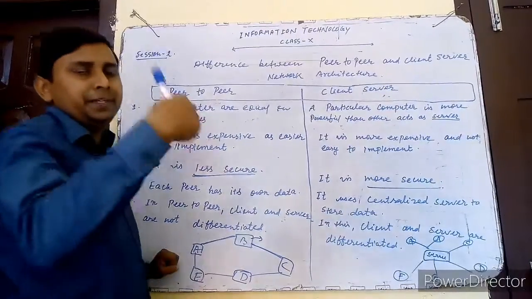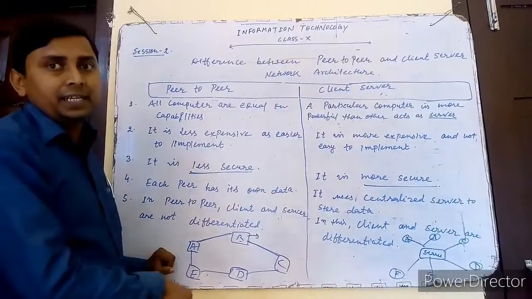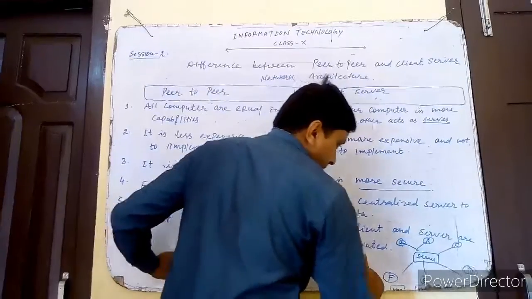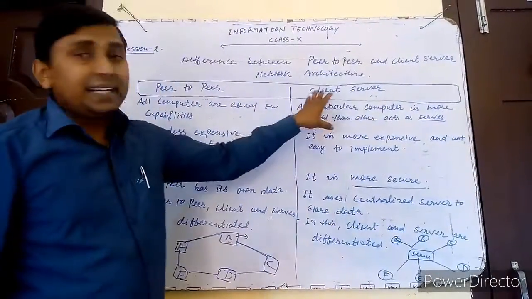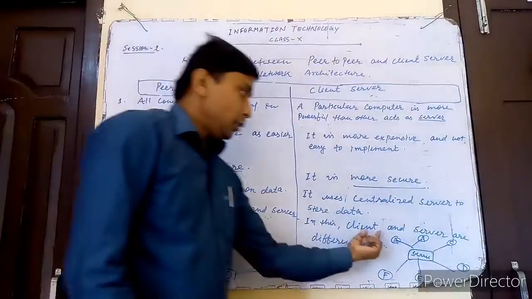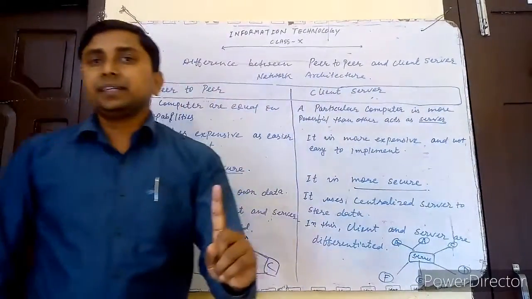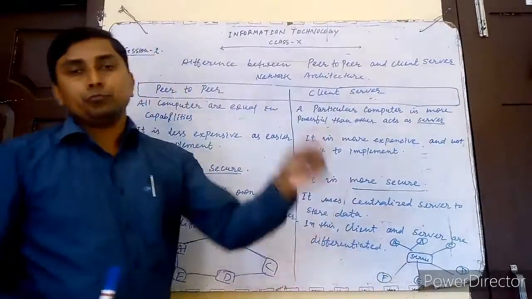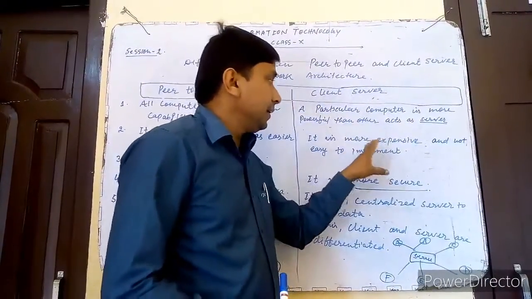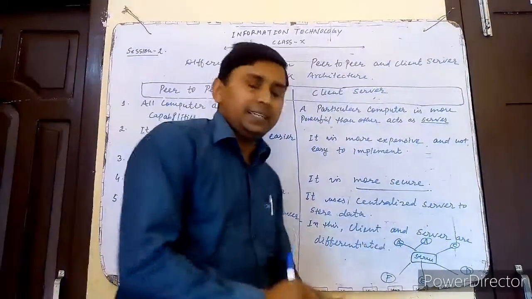No specific computer is the server or more powerful than the rest. In client-server, client and server are differentiated. All are clients and one single computer is the server, which is more powerful. So we can easily differentiate who is the server and which are the clients.